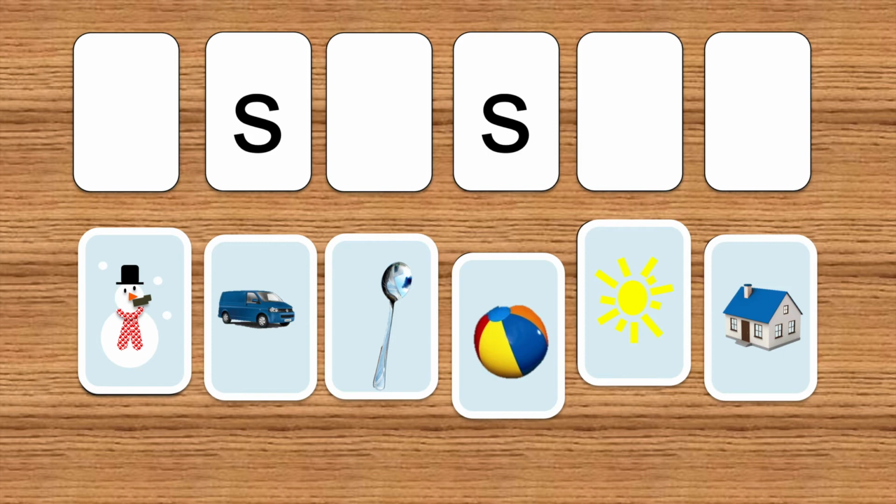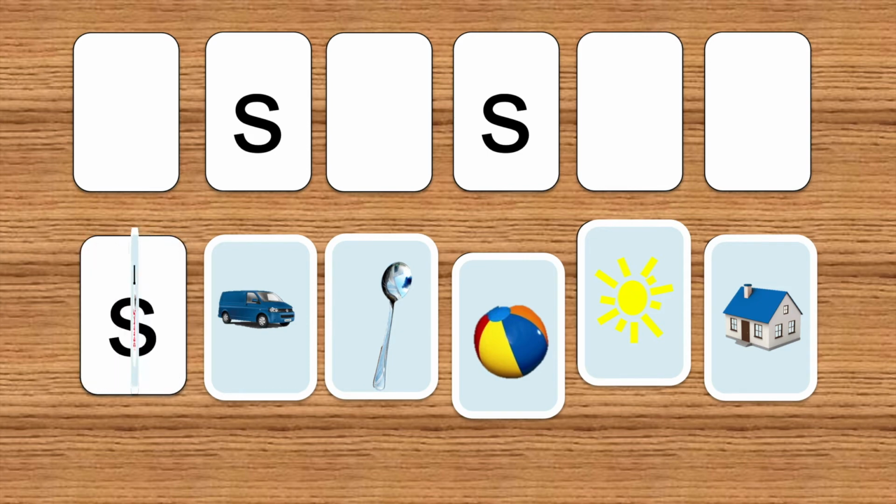Look, a snowman. Is there a S in snowman? Oh, I think I can see a snowman. It starts with a S sound. The next picture is a van. Van. Is there a S sound in van? What do you think?